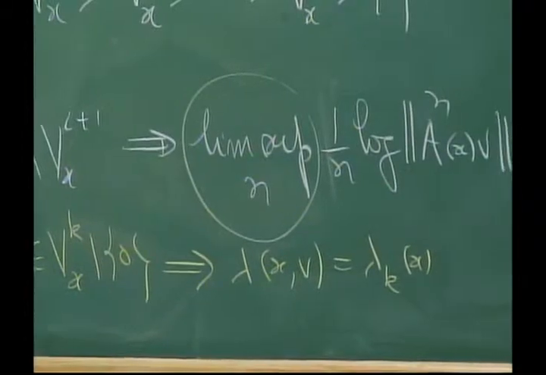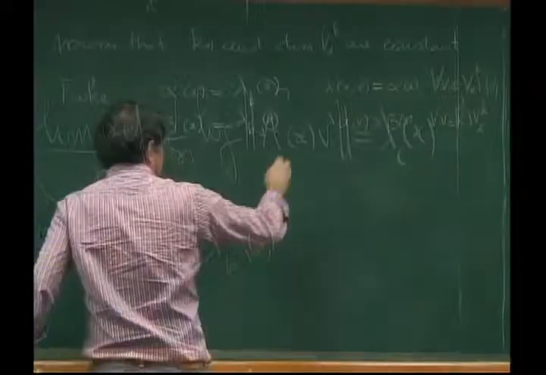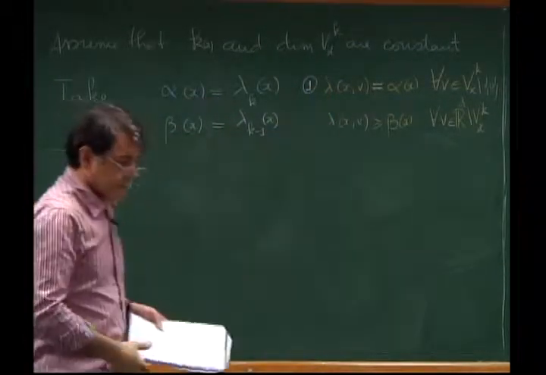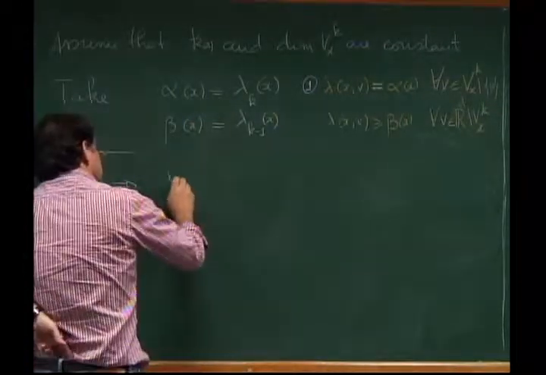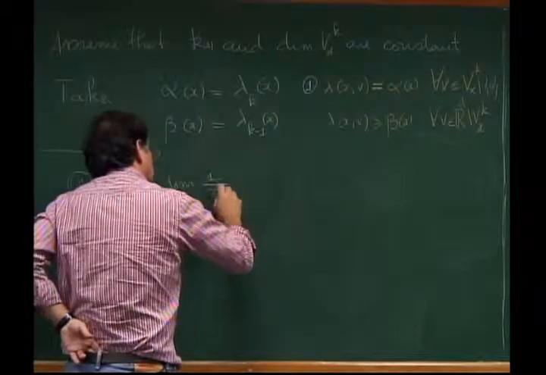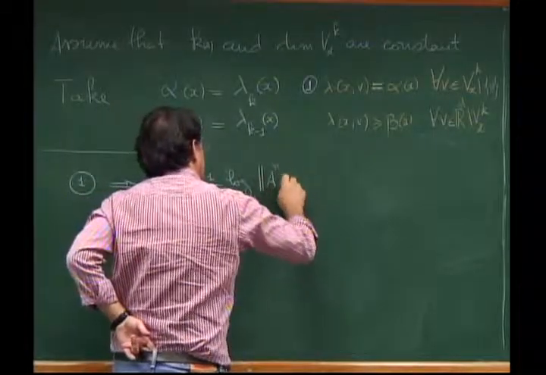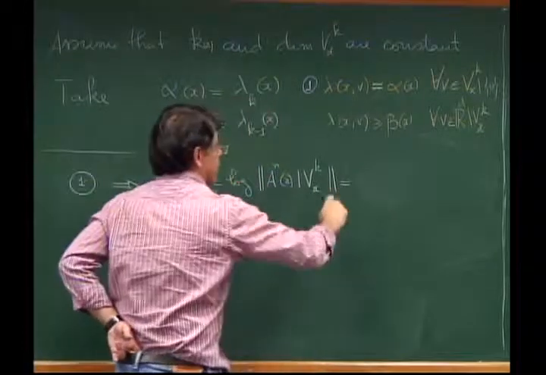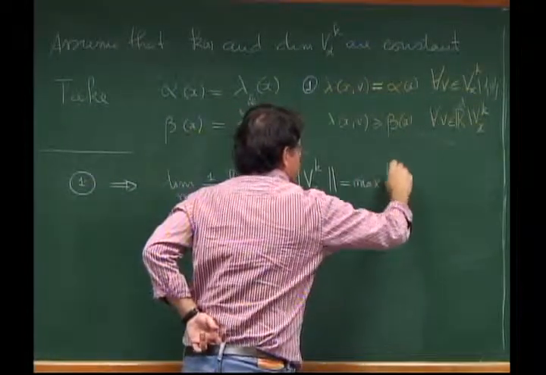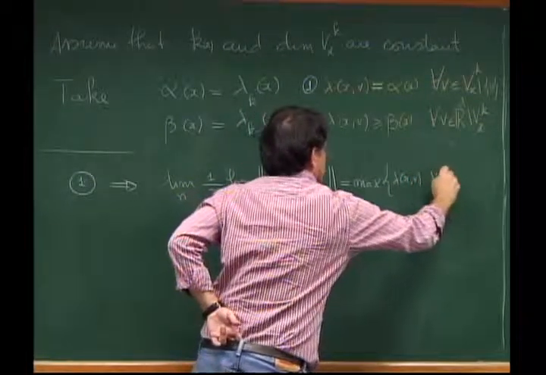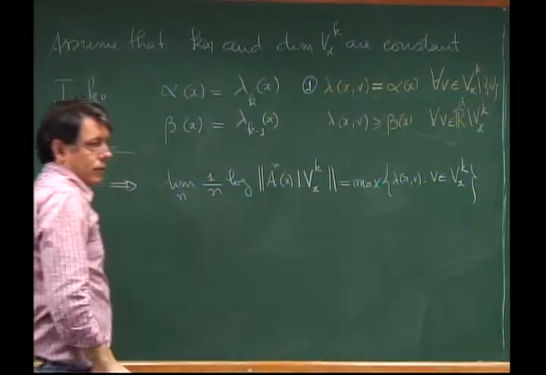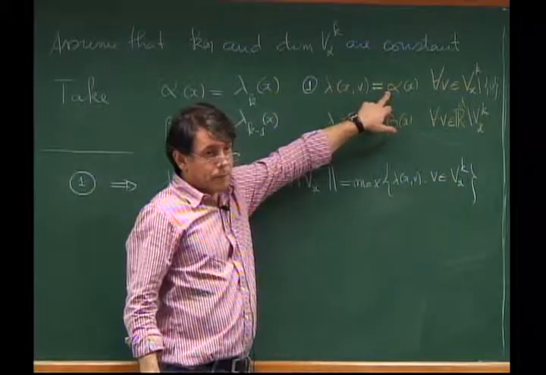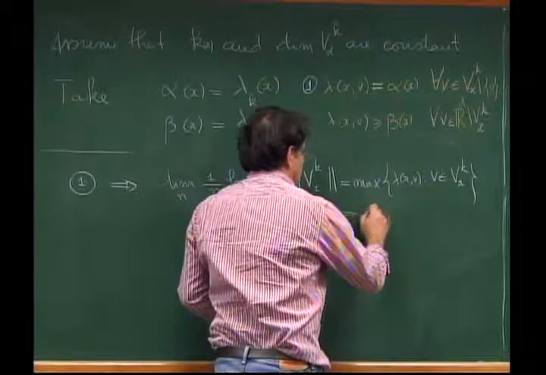Good. Now, this fact here implies that the limit of 1 over n log of the norm of A^n(x) restricted to V_x^k, remember, this was the maximum of all lambda(x, v) in V_x^k, but all v's have the same lambda, so this is equal to alpha(x).